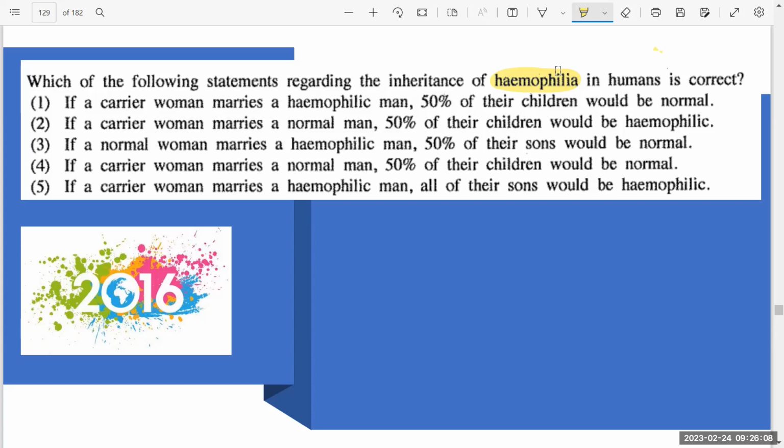And if this one is recessive from both parents and the genetic disorder is recessive, it can express in the children.